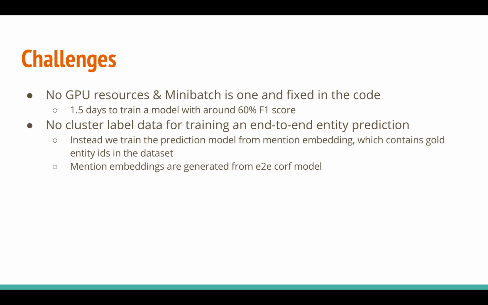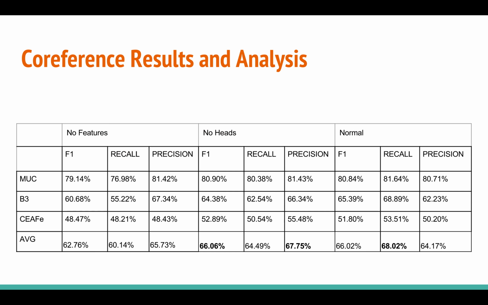Instead, we just train the prediction model from the mention embedding, because in the Cornell dataset each mention has one entity ID. And the mention embeddings are generated from the end-to-end coreference model.